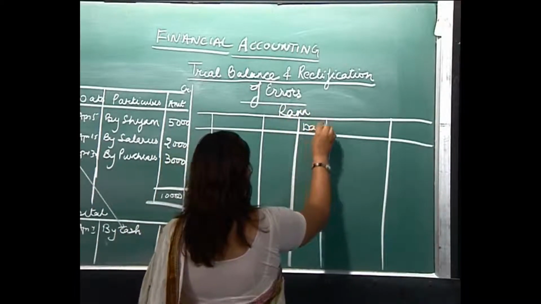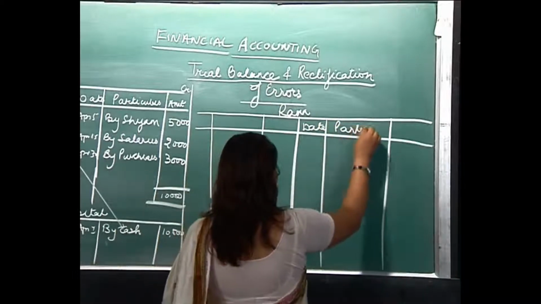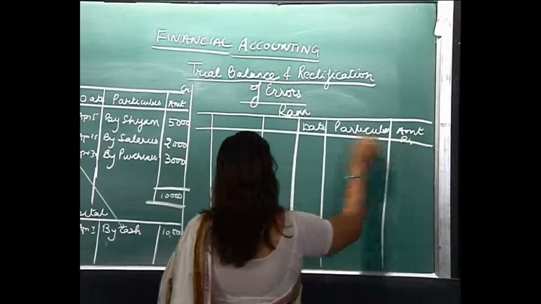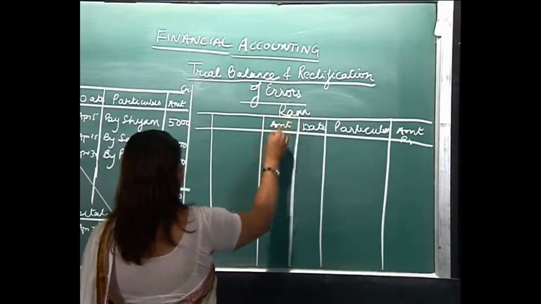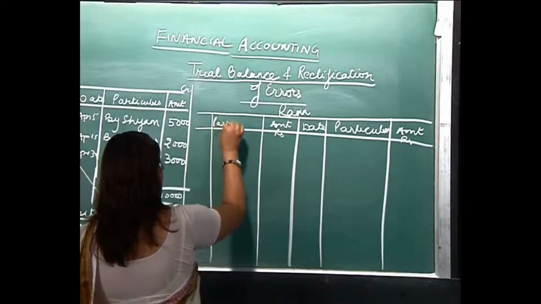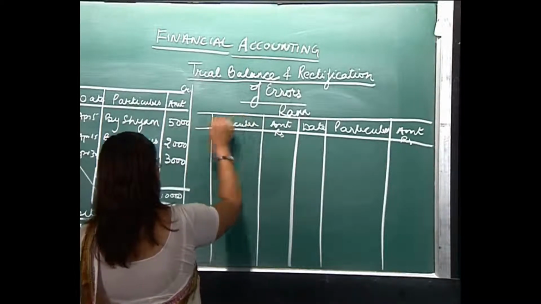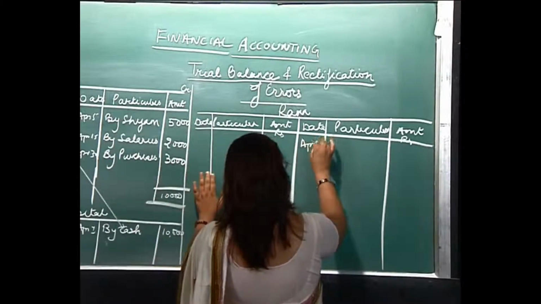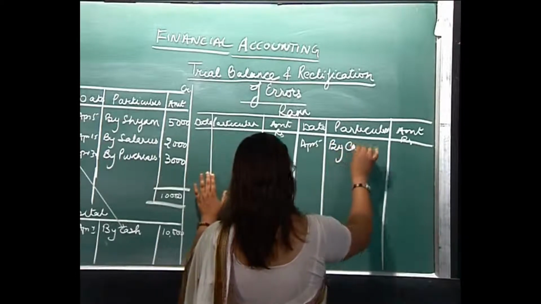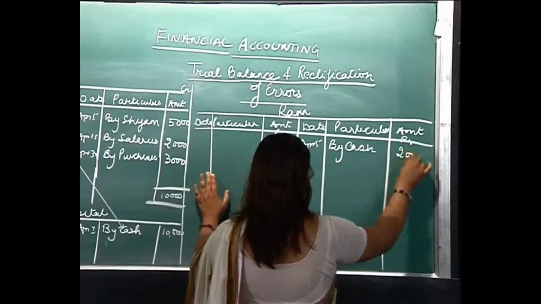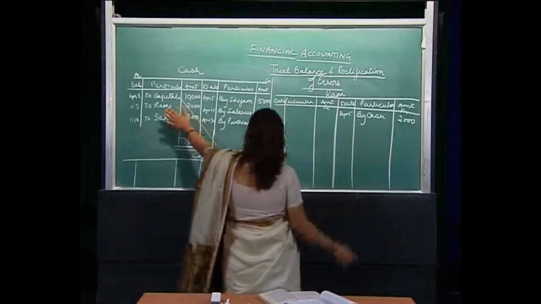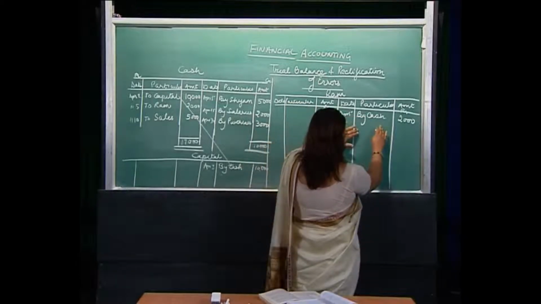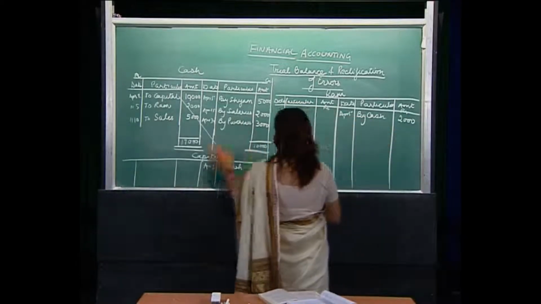Here it's date, particulars, amount, rupees, so it will be on April 5 by cash 2,000. So here it's standing on debit, cash account to Ram and Ram is being credited. So the cross reference of the cash is being given and the posting is being made.